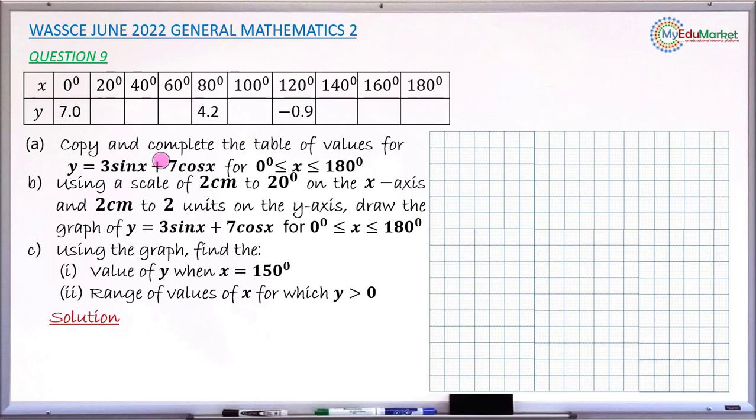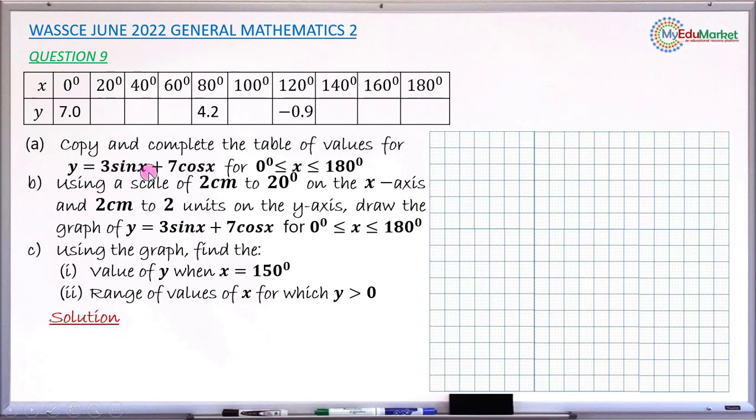To start with is the very first question, where we are asked to copy and complete this table. Completing this table means finding the missing values of y. Starting with the missing value of y when x is 20 degrees, take your calculator and find sine 20 degrees, that is x replaced by 20.